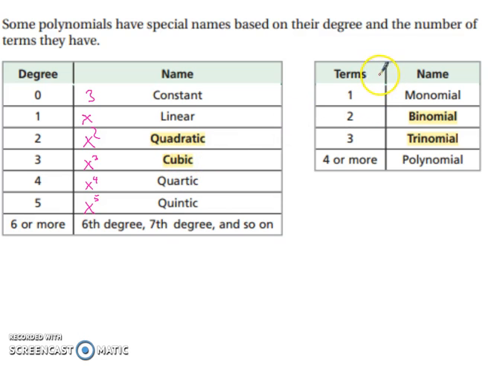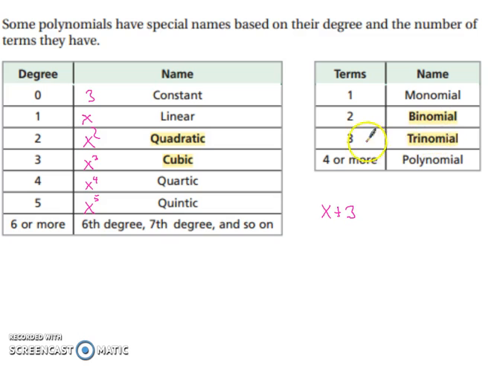Alright, so what about terms? When you name a polynomial, it gets a name for the degree and a name for the term. So if it has one term, it's a monomial, just like we talked about at the very beginning of the video. If there are two terms, meaning like you had x plus 3, that's a binomial.